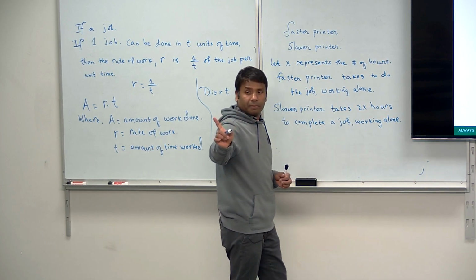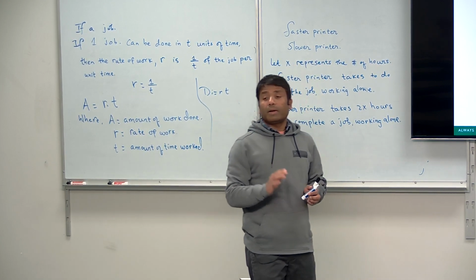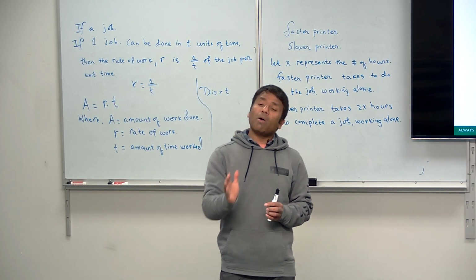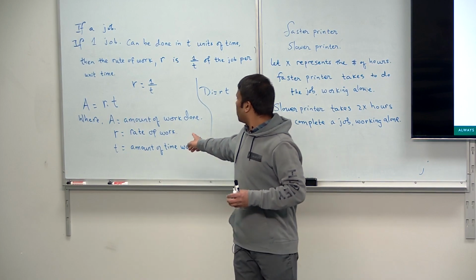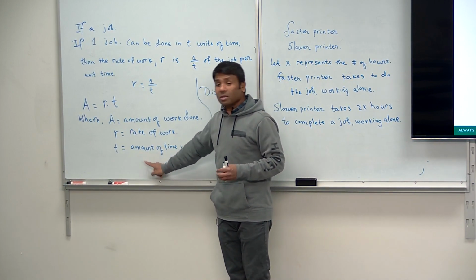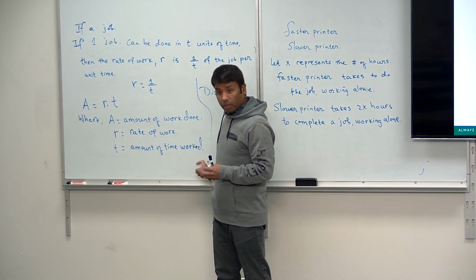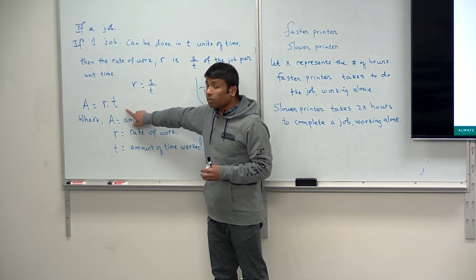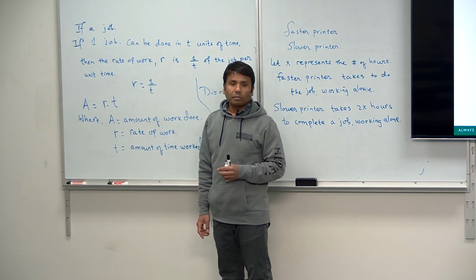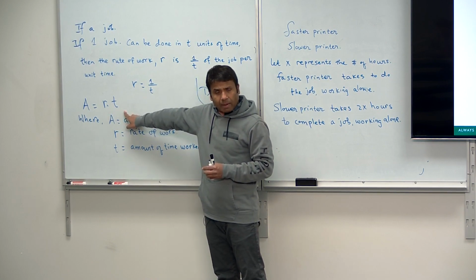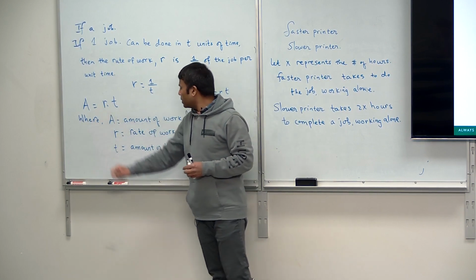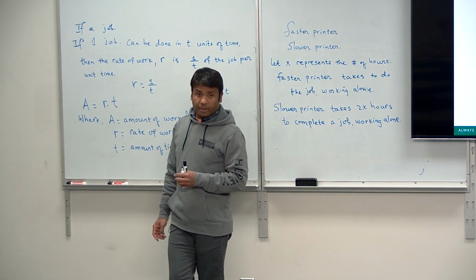Did that make sense? Now, what you need to know is the amount of work completed is what? Rate of work times amount of time worked. So you have to use this formula. This is rate, this is time, the amount of time worked, and this is the amount of work completed. Make sense?